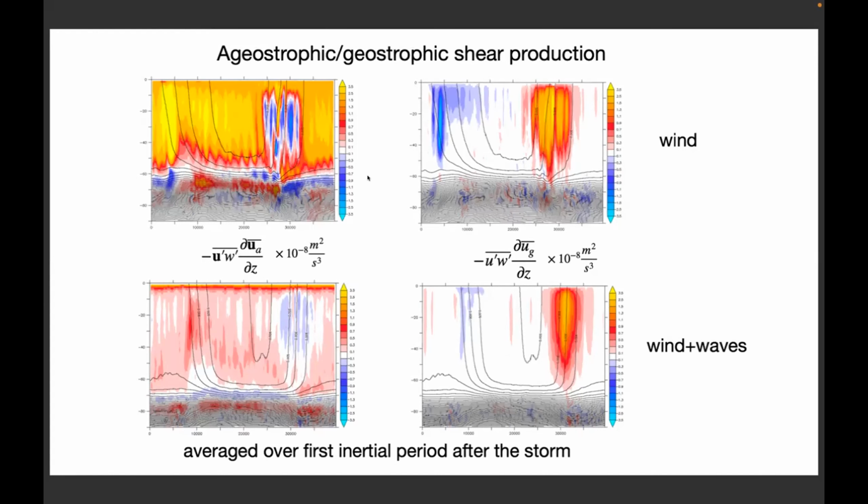The figure is very similar for the wind wave case, but with much less ageostrophic shear production.